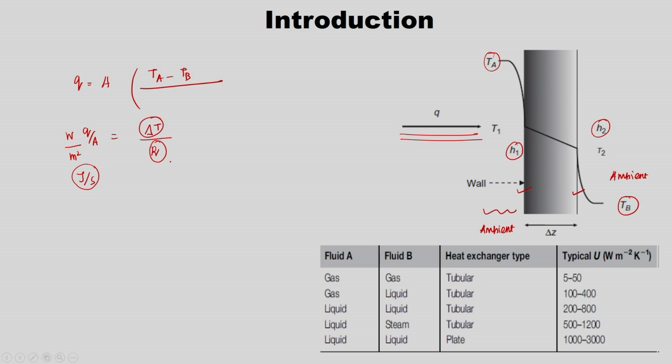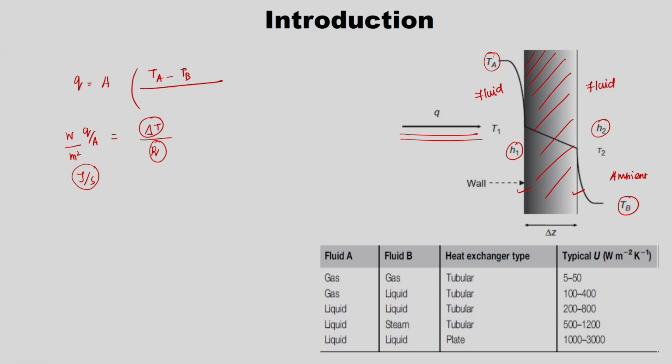So, R, if you see, this is H1, which is nothing but a convective heat transfer coefficient, and this is nothing but a solid material. For example, this is the wall of the heat exchanger, right. So, this is the wall of the heat exchanger, on this side one fluid resides, on the other side of the wall another fluid resides. So, instead of ambient you can take the example of the heat exchanger itself, right.